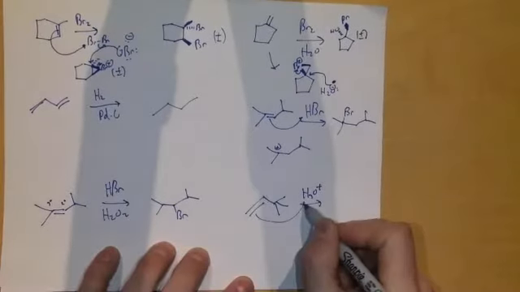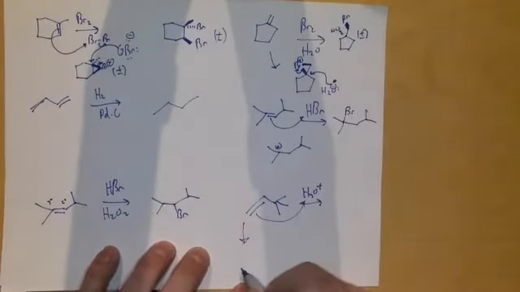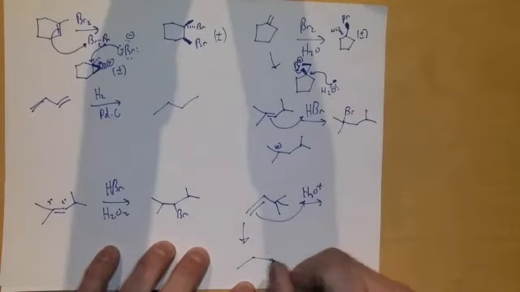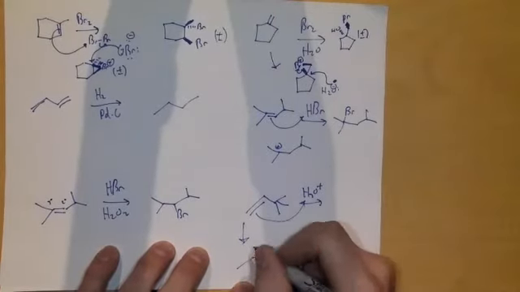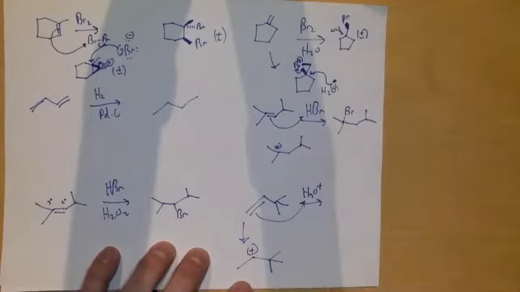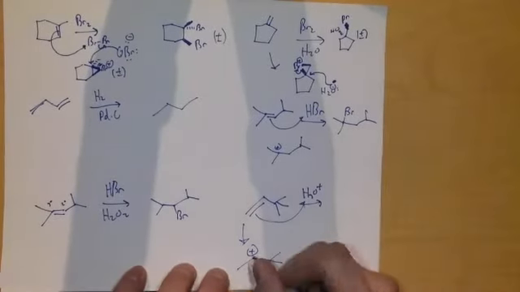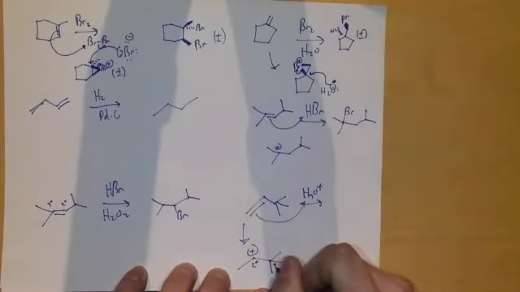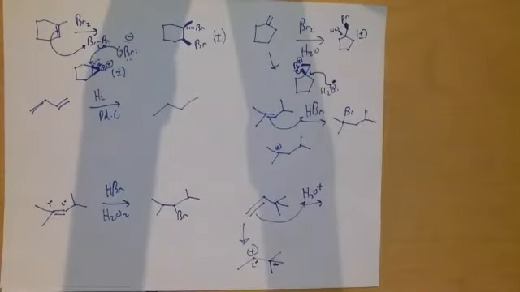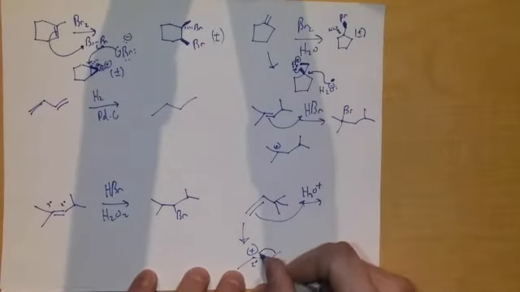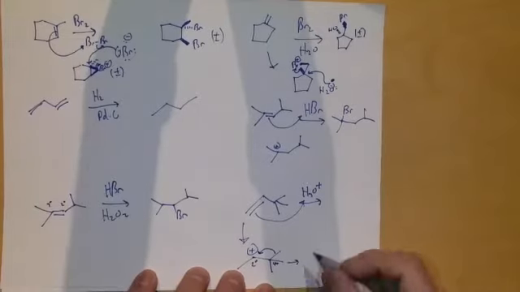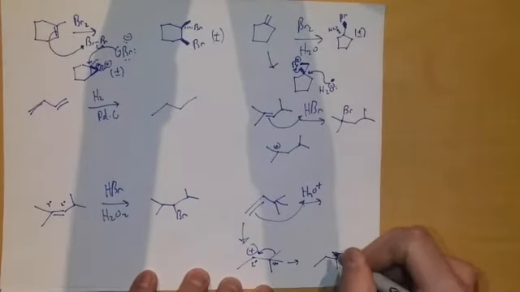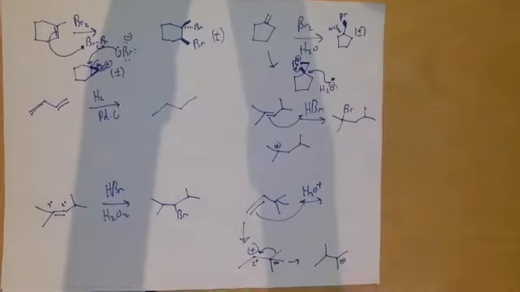Our last one is going to be a rearrangement. So you can pick up a proton. We have a secondary center that's next to a quaternary center. This can do a methyl shift, leaving us with a tertiary center, so we went uphill in terms of stability.